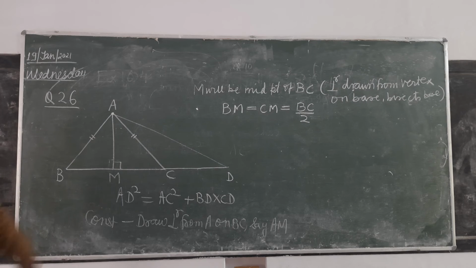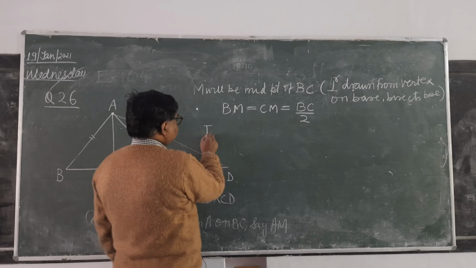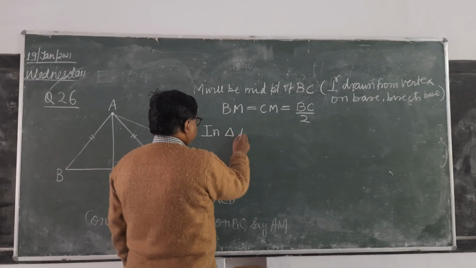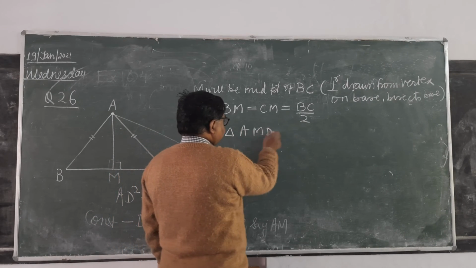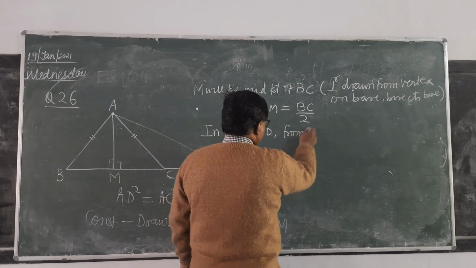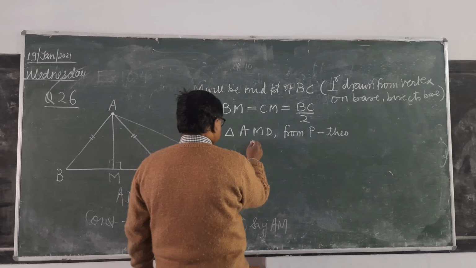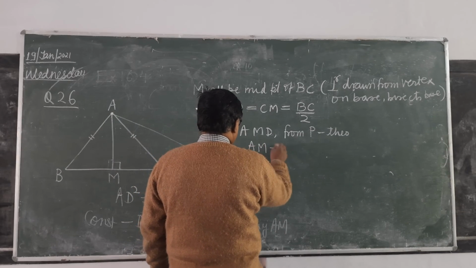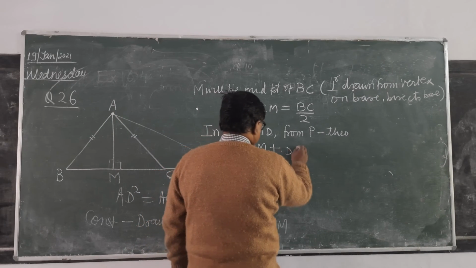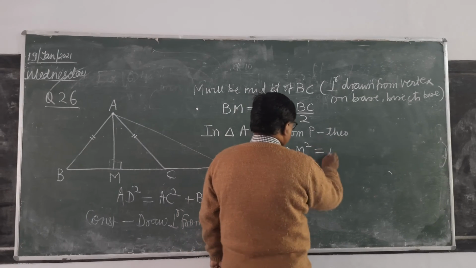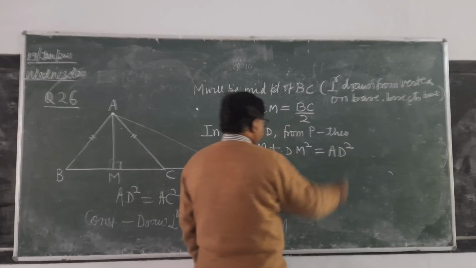Now you have to find AD square. So which right angle triangle you will take? ADC is not right angle triangle. AMD. In triangle AMD from Pythagoras theorem, so what will you get? AM square plus DM square equals to AD square.